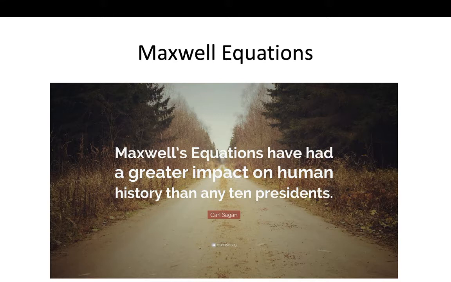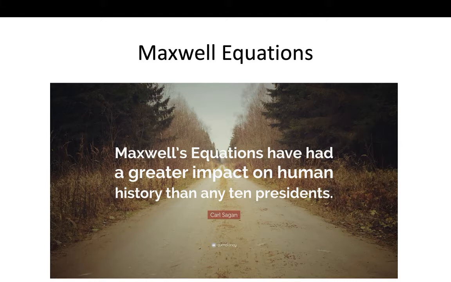Maxwell is considered one of the most important inventions, not in the field of physics only, but also aerospace and everywhere where we use mathematics, engineering.